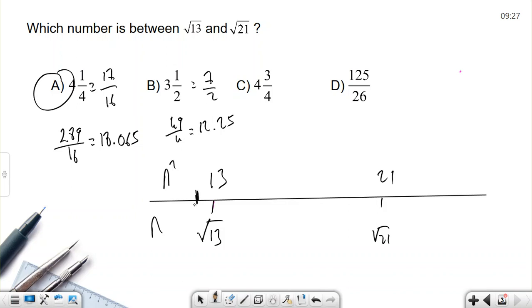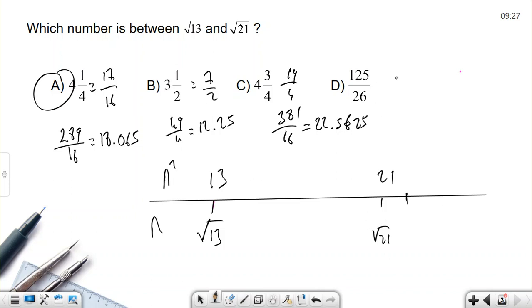As you see, 12.25 is less than 13, so this number is not between the square root of 13 and the square root of 21. Next is 4 times 4 is 16, plus 3, 19 over 4. When you square this number, you get 361 over 16, which is about 22.56. As you see, that's far away from 21.